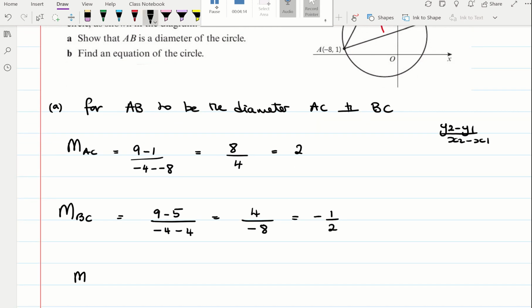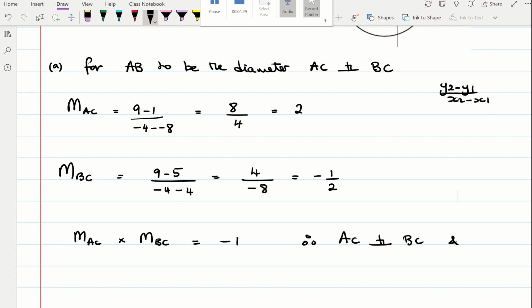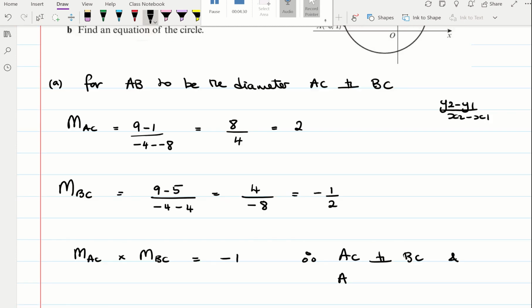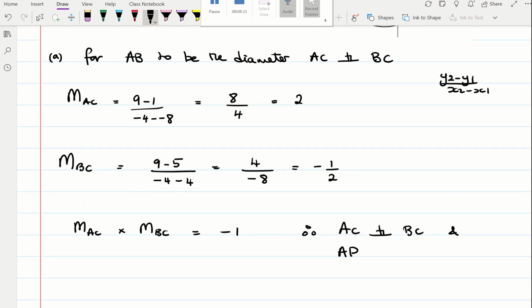So since the gradients multiply to make negative 1, therefore AC is perpendicular to BC, and AB is the diameter.